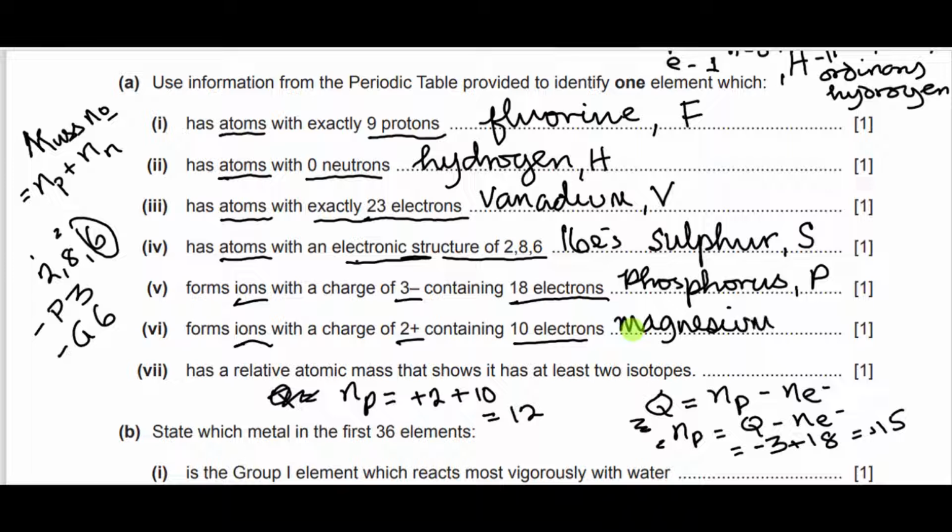Magnesium. That's Mg. Next question says, has a relative atomic mass that shows it has at least 2 isotopes. Now, if an element has at least 2 isotopes, its relative atomic mass will not be a whole number, right? Actually, all elements exhibit isotopy.